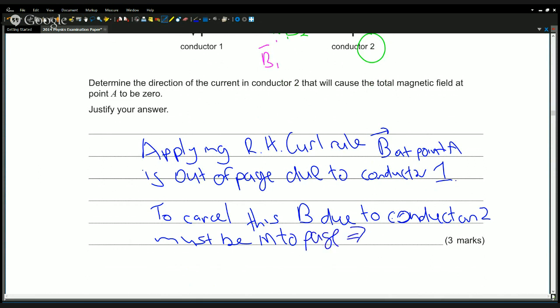That implies I2 is down by the right-hand rule, but I've already stated that at the start. Okay, that's good enough.